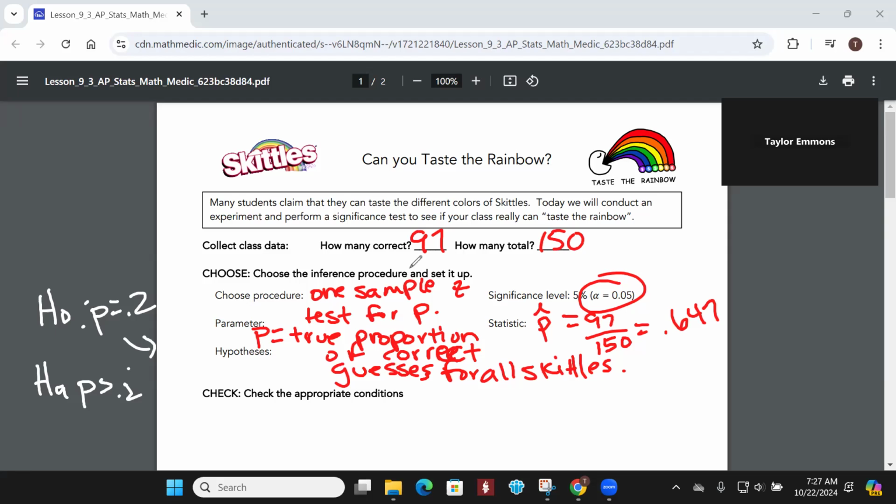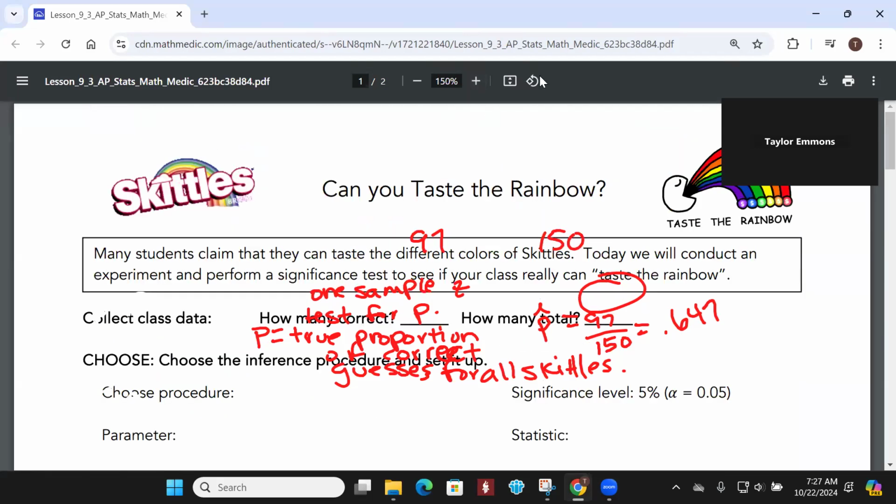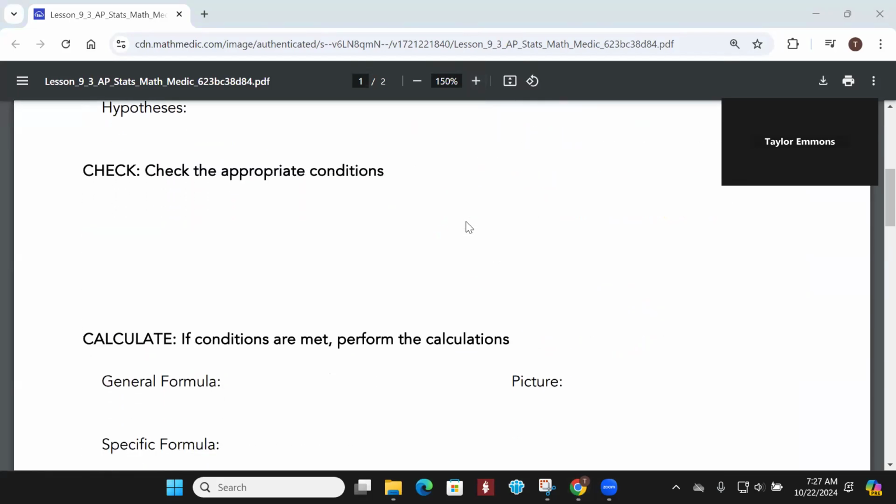All right, now we're going to check your random, 10%, and large counts conditions. So we're checking our conditions. We've got random. Is there a random sample of Skittles? Yep, random sample.